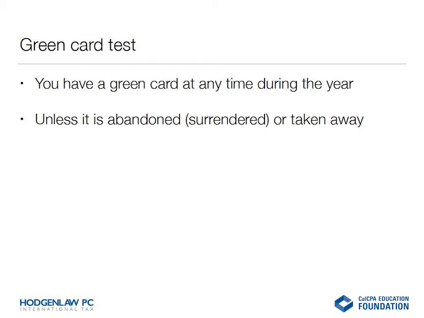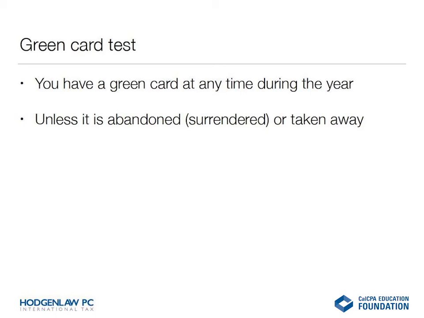Many people, in our experience, allow their green card to expire and think that because it expires they are no longer subject to the U.S. tax system. That's actually not how it works. You actually have to take an affirmative action to surrender your green card before you cease to be a U.S. taxpayer.